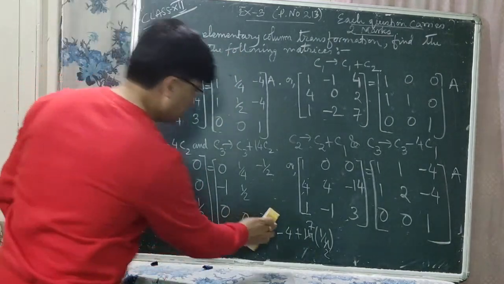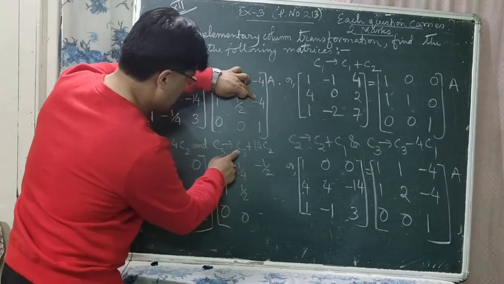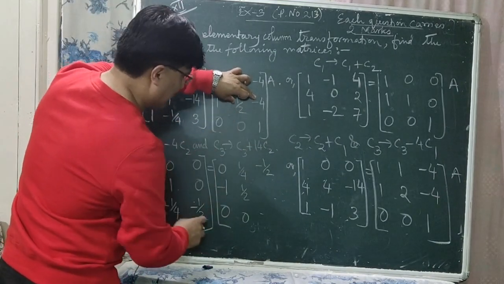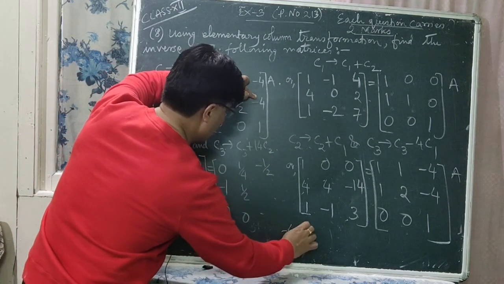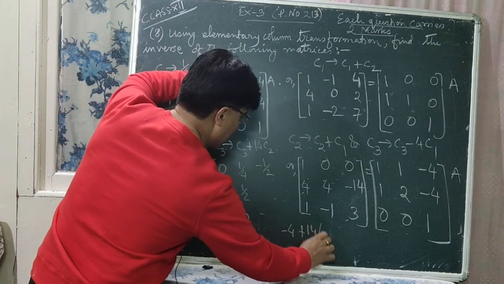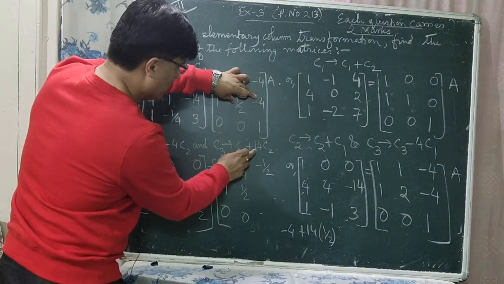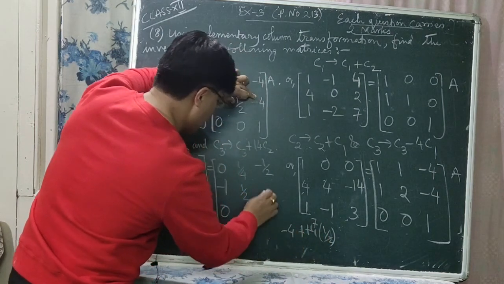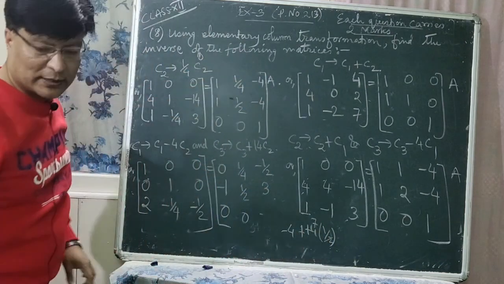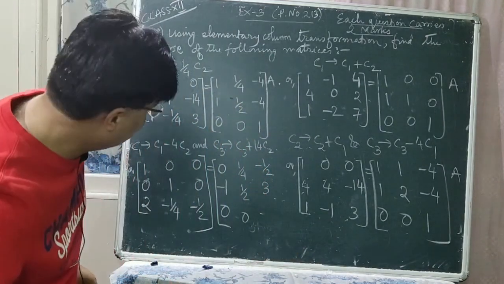Then next one is, C3 is minus 4, C2 is half. So C3 is minus 4 plus 14 into half. 2 1s are 2, 2 7s are 14. 7 minus 4 is what? 3.